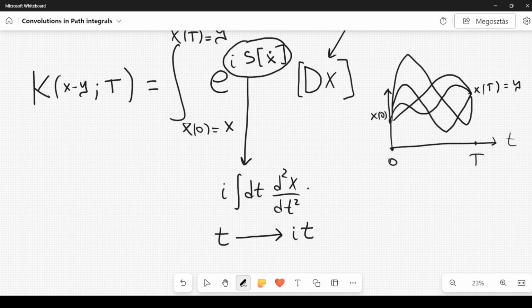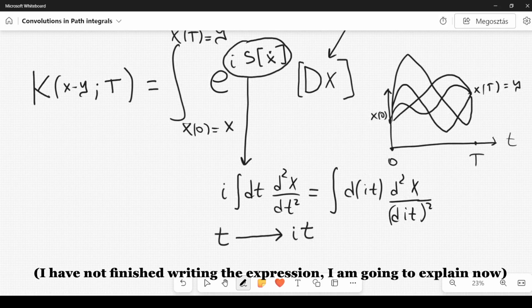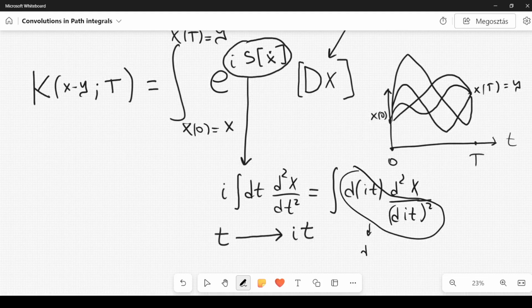So it's convenient because of the following reason. We can rewrite this as an integral. Now let's write it as d(it) over d squared x over d(it) squared. If you check this, basically this ratio is like dt over dt squared, but I have added an additional factor of i in the denominator because we have i squared, and therefore this i will cancel this i.